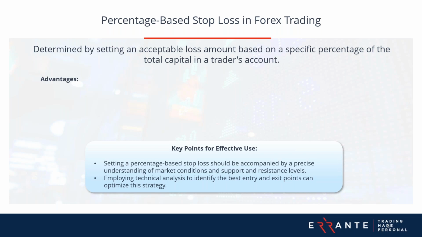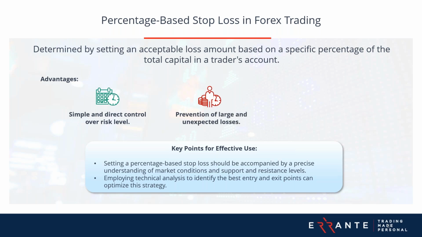Now, let's look at the advantages of using a percentage-based stop loss. Firstly, it offers simple and direct control over risk level. By deciding on a specific percentage, you standardize the amount of risk across different trades, regardless of the underlying asset's volatility or market conditions. Secondly, this method helps in the prevention of large and unexpected losses.